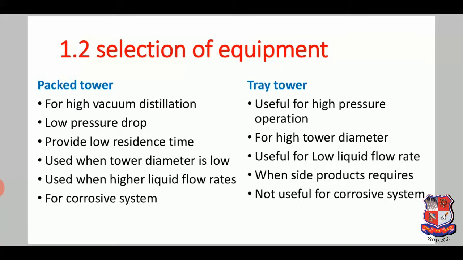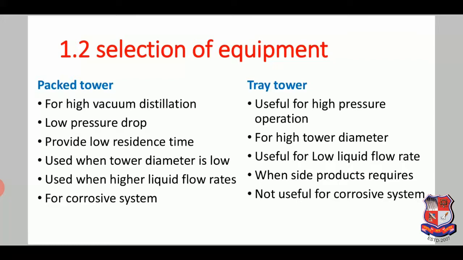Second point, in a packed tower you will have lower pressure drop, and in a tray tower you will have higher pressure drop. In a packed tower, lower residence time is there, because sometimes it is possible that liquid flowing from the top of the tower will short circuit part of its path and its residence time will be lower.